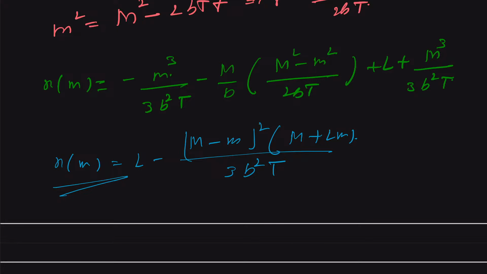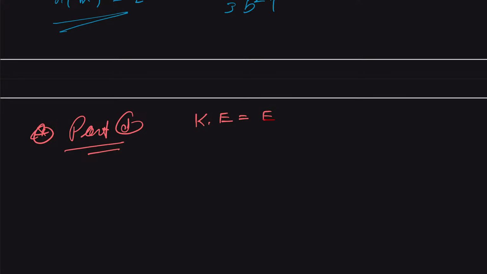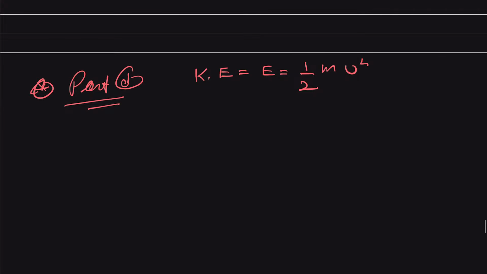Now we can find out part D. We have to find out the kinetic energy and its maximum value. We know that kinetic energy, that is our E, is equal to half m v square, and we already know the velocity in terms of mass. So we can say our energy is equal to 1 upon 2b square times m times capital M minus m whole square.